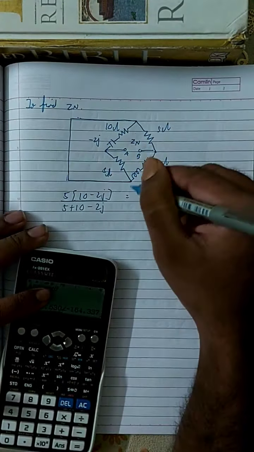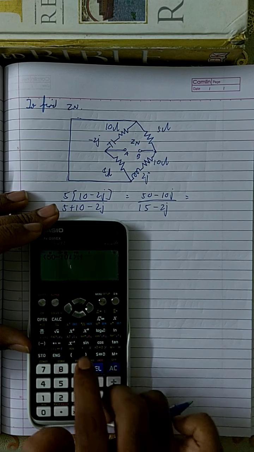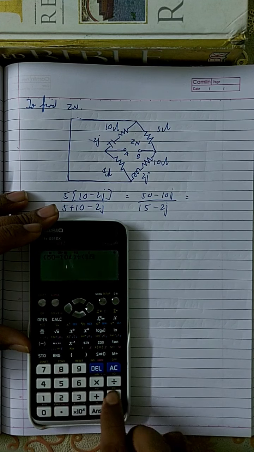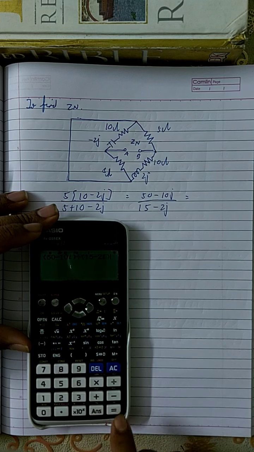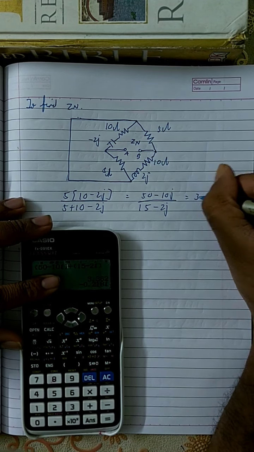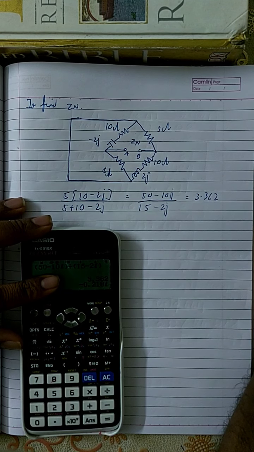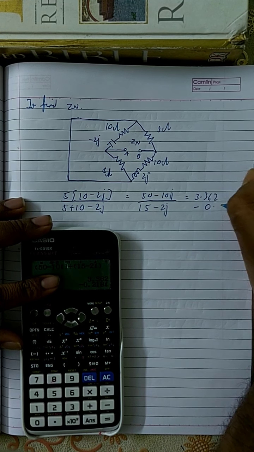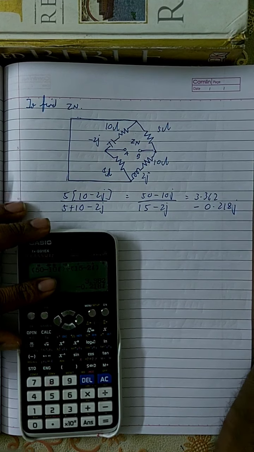Let's see what you get. That is 50 minus 10J divided by 15 minus 2J, and you will get the answer as 3.362 minus 0.218J. This is the value by combining these two.